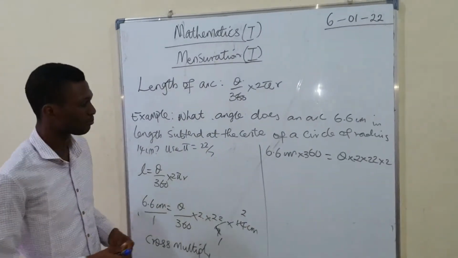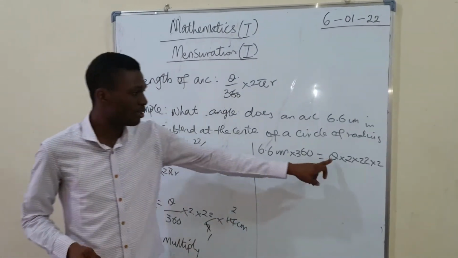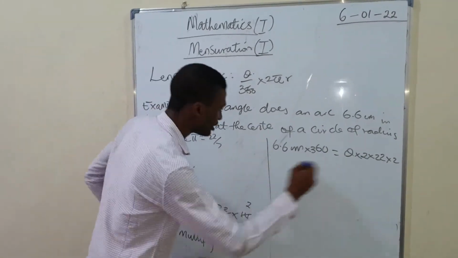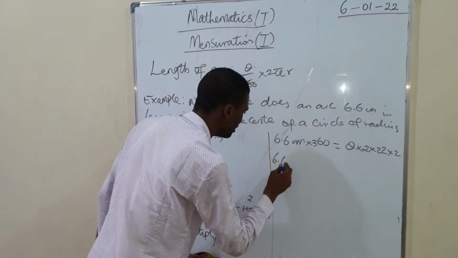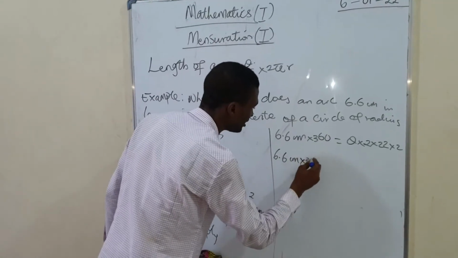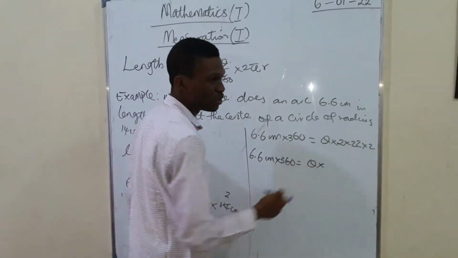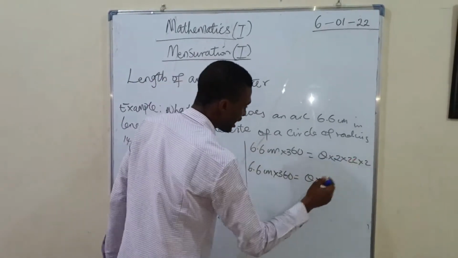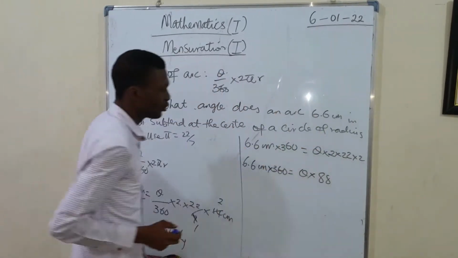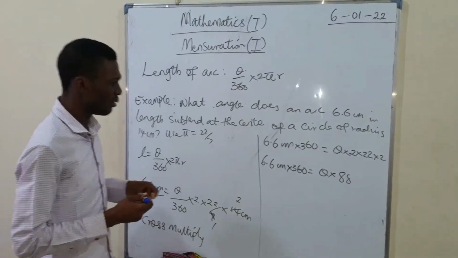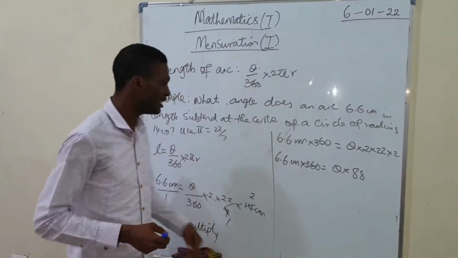So from here, what do we do? We are going to find theta. We say 6.6 cm times 360 equals theta times 2 times 22, which will give you 44. 44 times 2 will give you 88. So we have theta times 88, which is 88 theta.